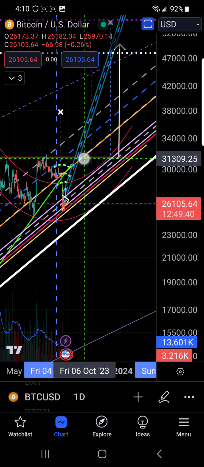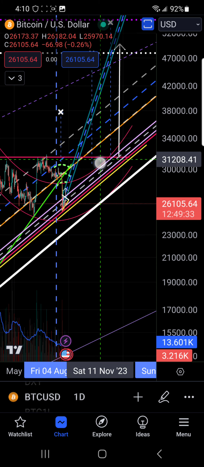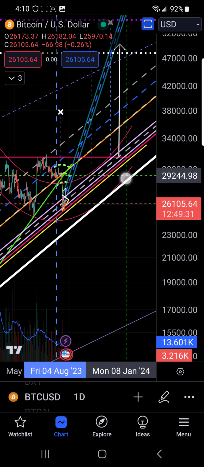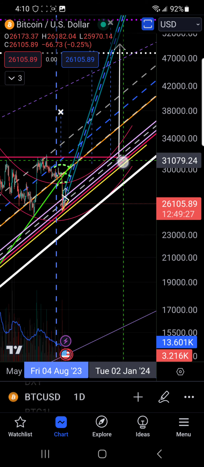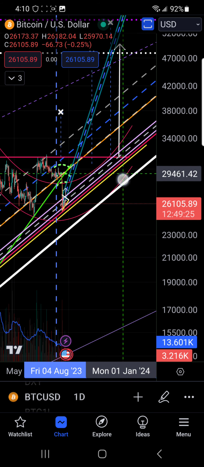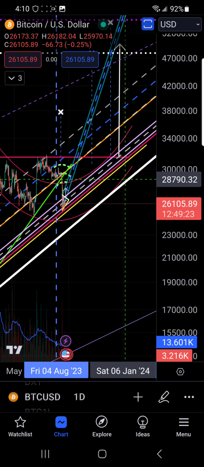So that's like October right there. Anyway, this triangle only goes to maybe the first few days of January before we will be outside of that triangle one way or another.